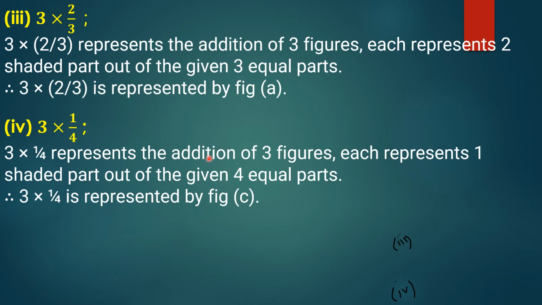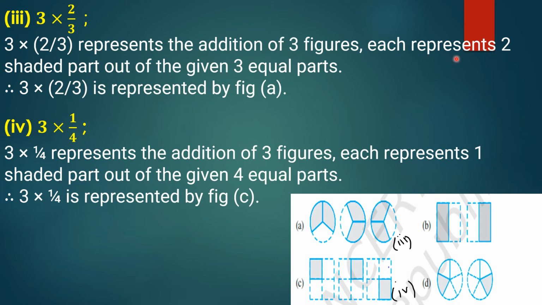And the next one, 3 into 2 by 3. So what is 3 into 2 by 3? It represents the addition of three figures. Each represents two shaded parts out of the given three equal parts. So out of A and C, in both the cases we have three figures. So both are addition of three figures. But what is 2 by 3? 2 by 3 tells which is the correct answer.